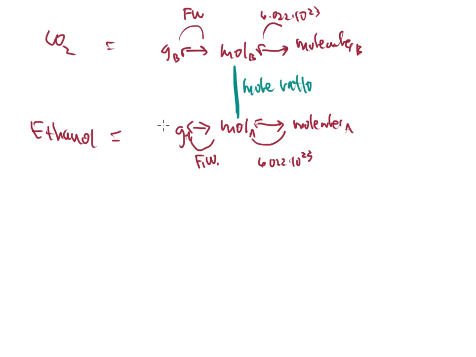All right, so we're going to do an example, and before I do that, I have to write down a reaction. I've got to give you somewhere to start, right?